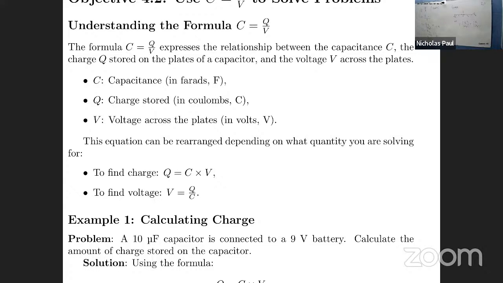You can calculate that charge real quick. You can use the calculator, you don't have to write it, but if you want to write, go ahead. A 10 microfarad capacitor, 9-volt battery.